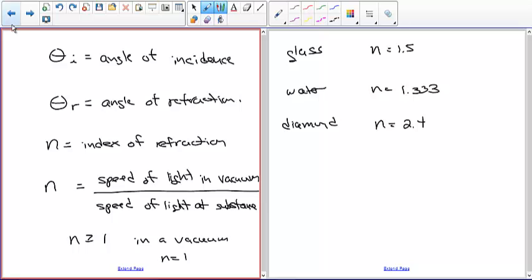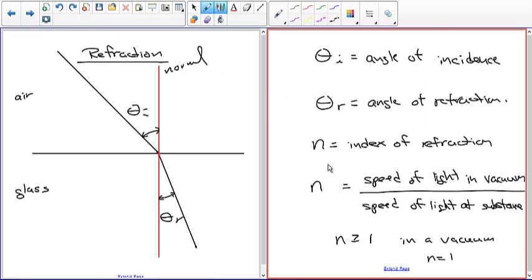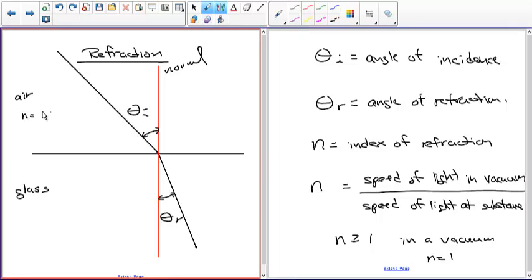So now that I have defined the angle of incidence and the angle of reflection, and I've defined what the index of refraction is, if we know, looking at our example, the index of refraction of air is pretty close to 1. It's 1.000 or something, so we're just going to use 1. And the index of refraction of glass is 1.5.